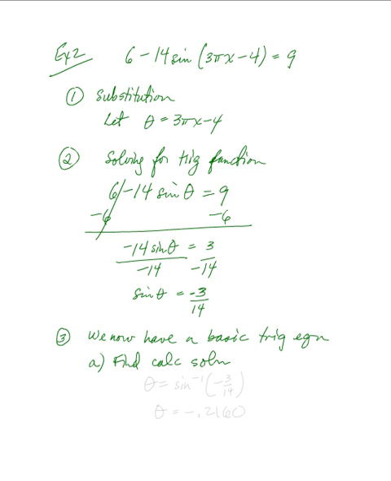Okay? So when I go to solve for that, theta is the inverse sine of negative 3/14, for which the calculator will tell me theta is negative 0.2160. So then we want to go and find the other solution.